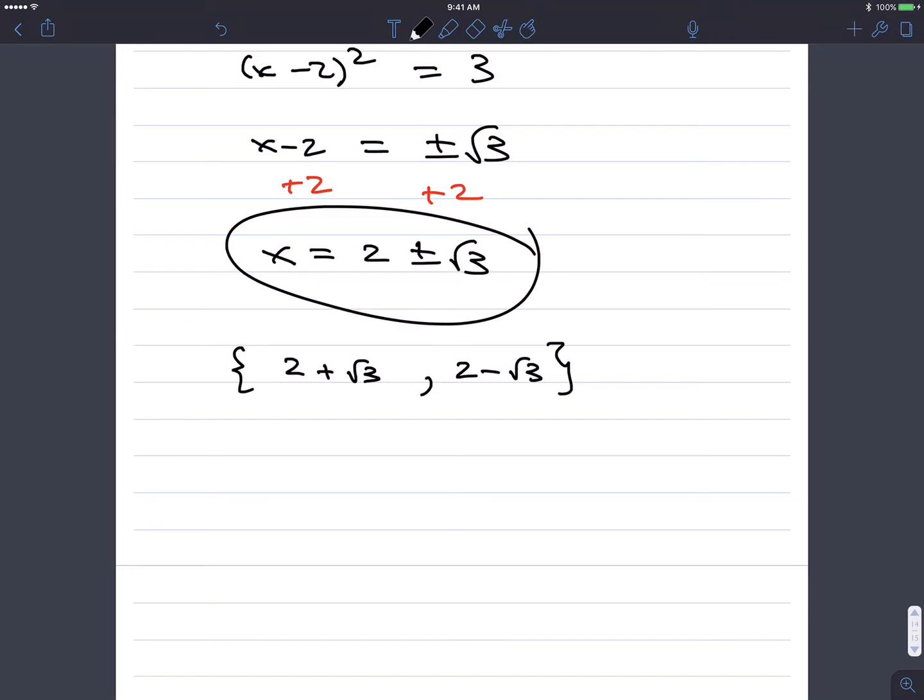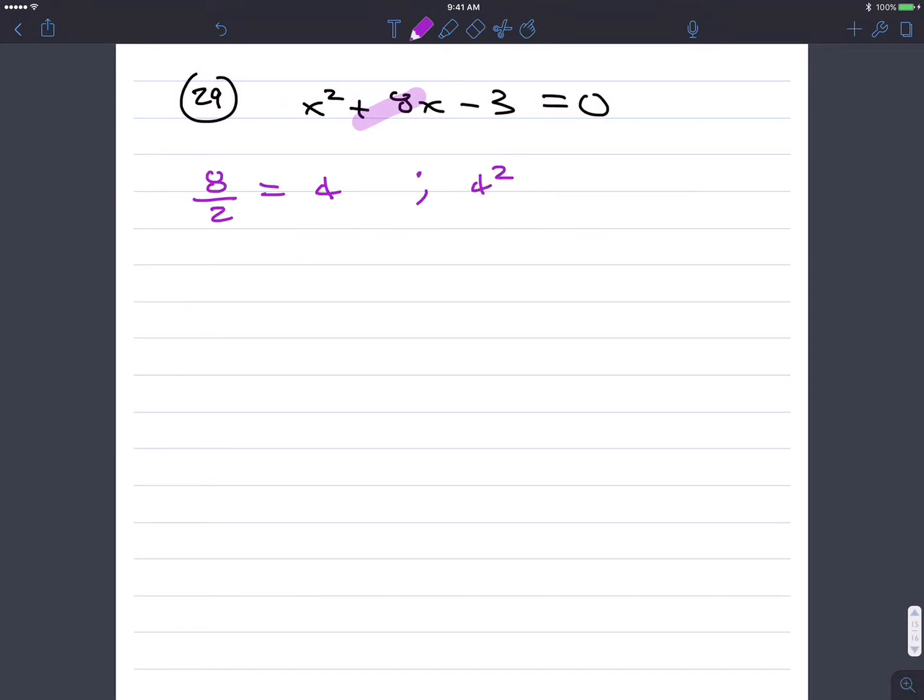Now let's look at number 29. X squared plus 8x minus 3 is 0. My b is positive 8. 8 over 2, which is 4. 4 squared is 16.